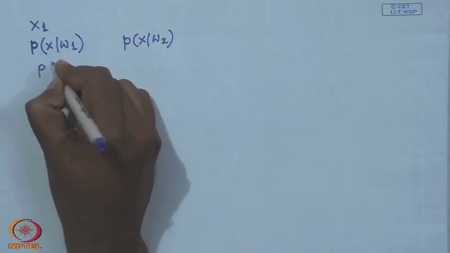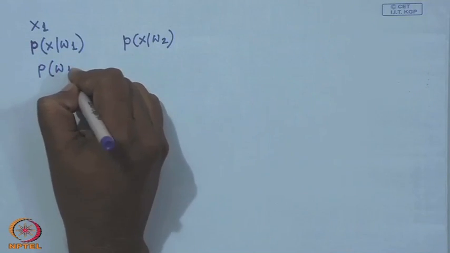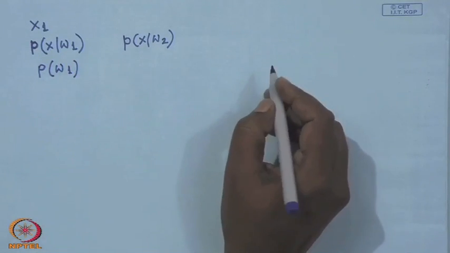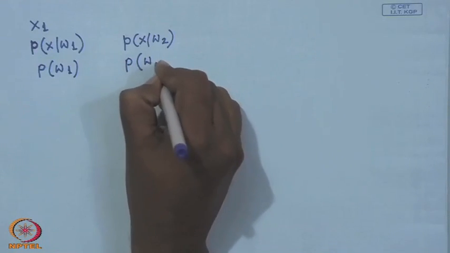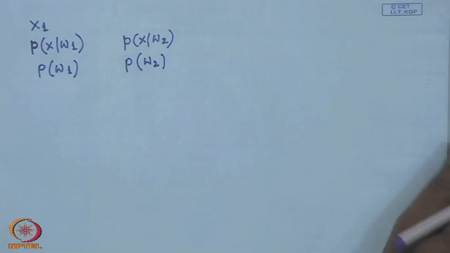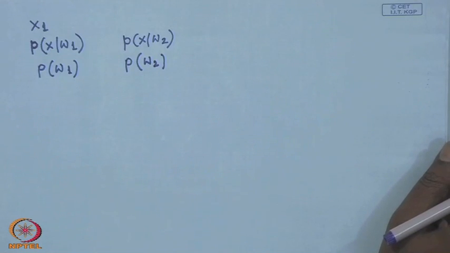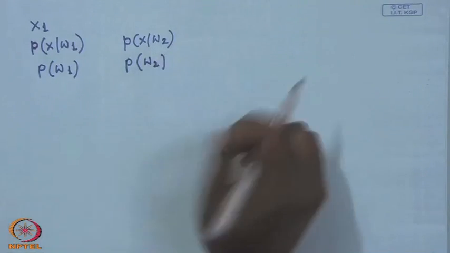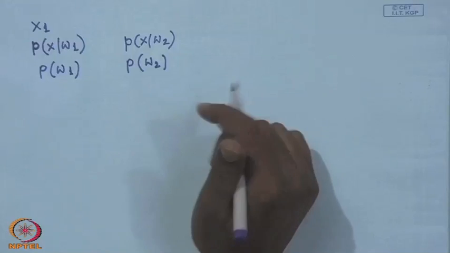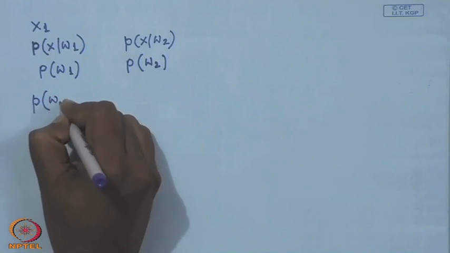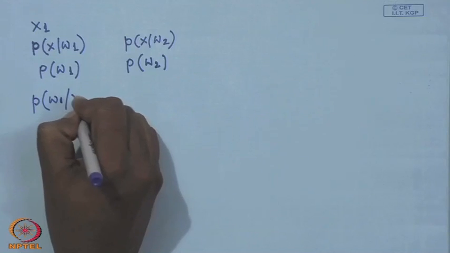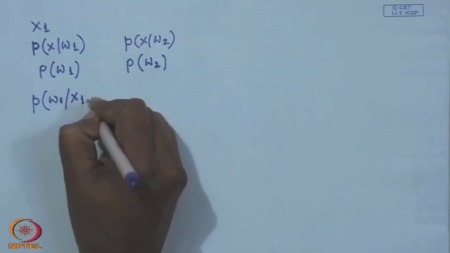That is, I know p of omega 1, the a priori probability of class omega 1, and p of omega 2, the a priori probability of class omega 2. Given this, I have to find out p of omega 1 given x 1, where x 1 is the unknown feature vector.